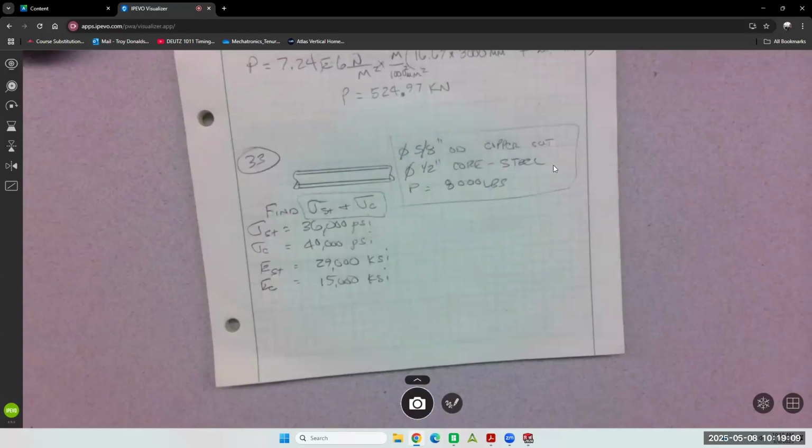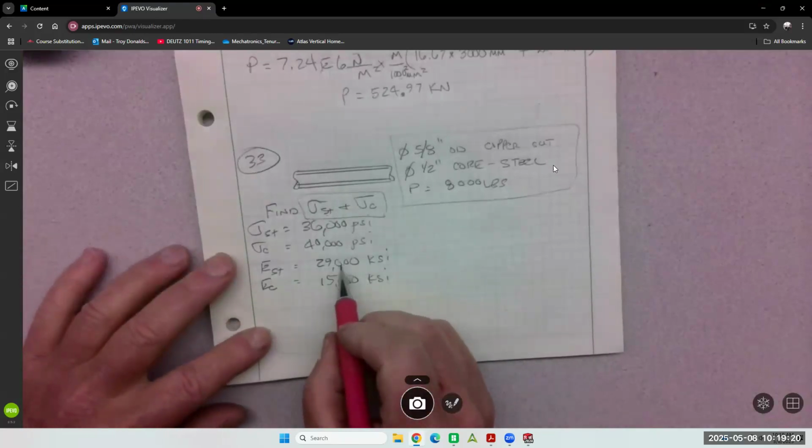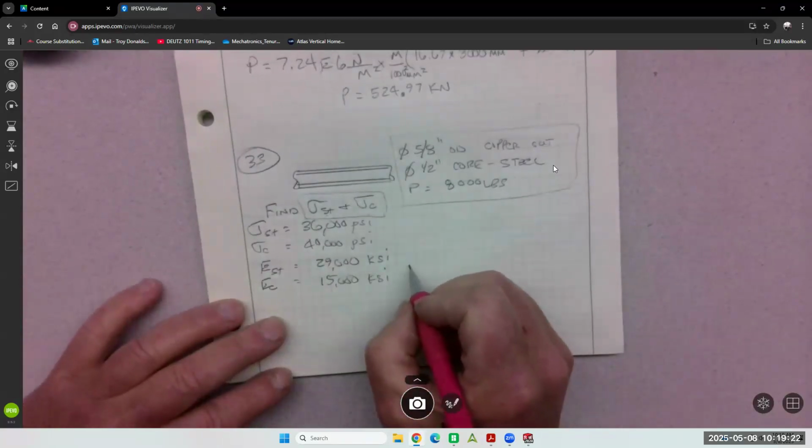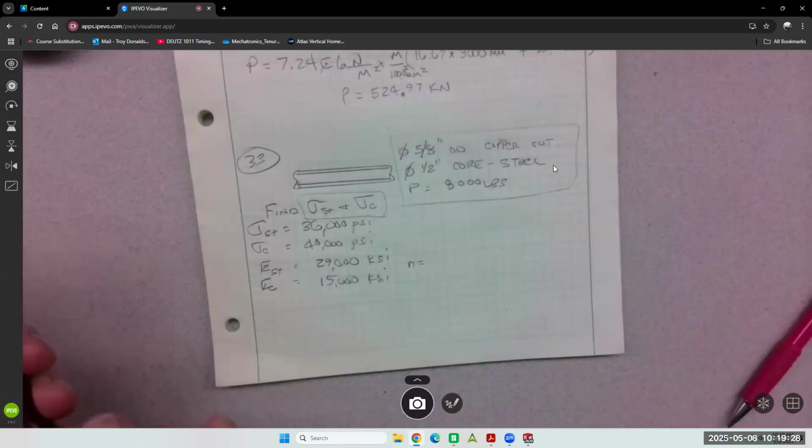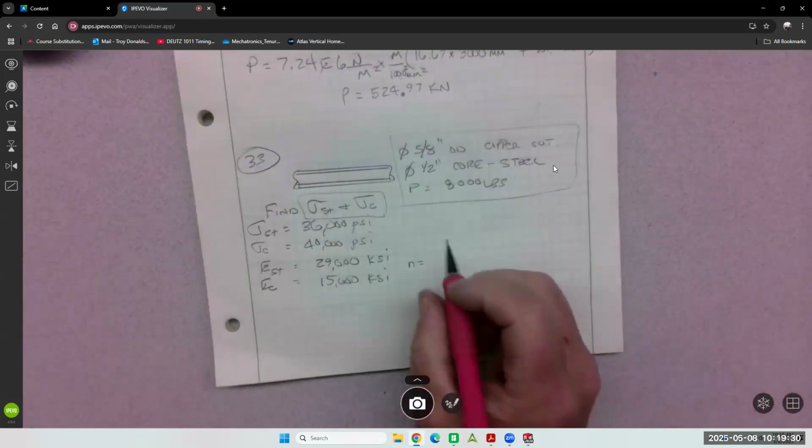Is it going to be the copper or the steel? Steel, the highest modulus. It's definitely the steel. So it's going to be literally the 29,000 over the 15,000 and is going to equal just under 2. 1.933.